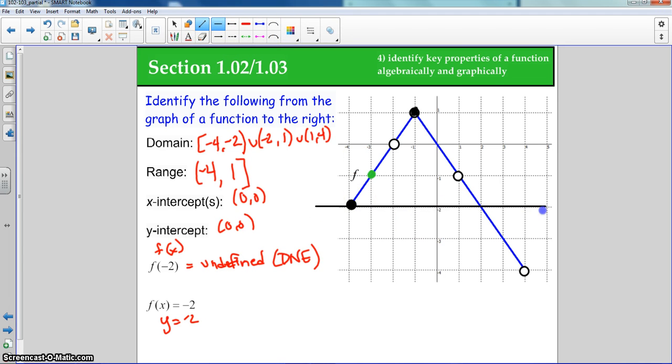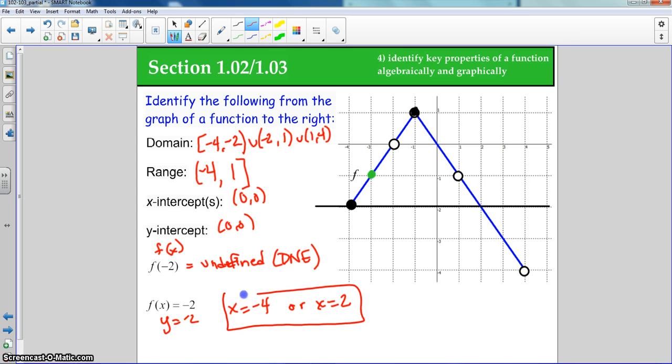I'm going to make a line, and I'm going to list all values of x that intersect this line. On my graph, it looks like there's two places: when x is -4, or right over here when x is 2. And that would completely answer that question.